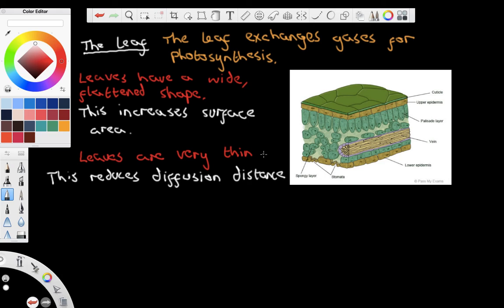Is there anything I've missed? We can say that they allow gases in and out of holes in the bottom, known as stomata.